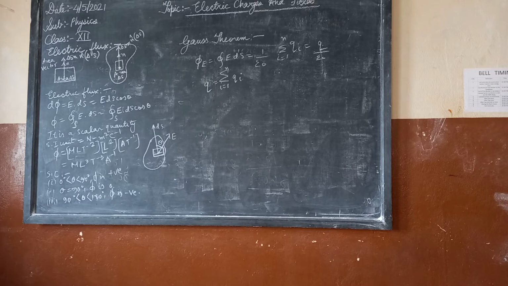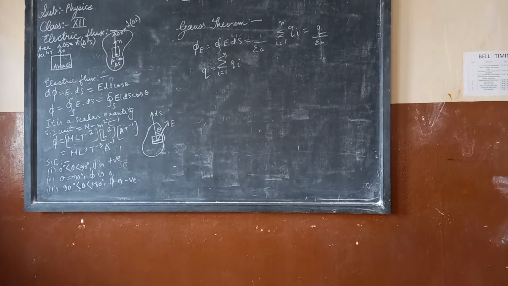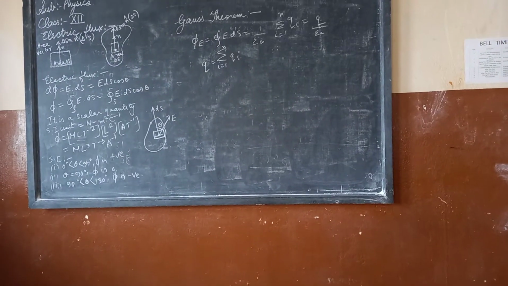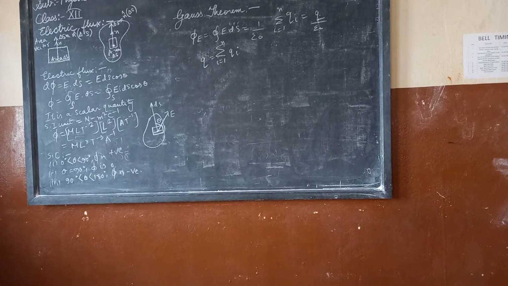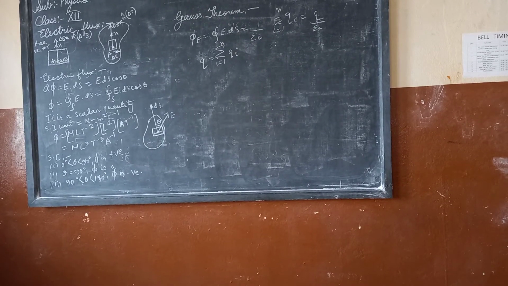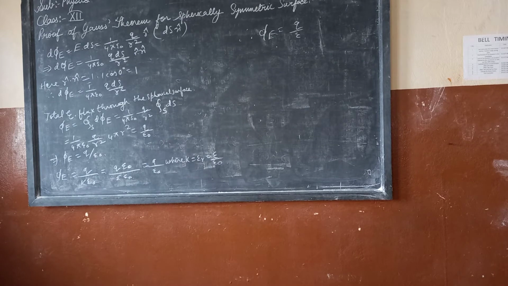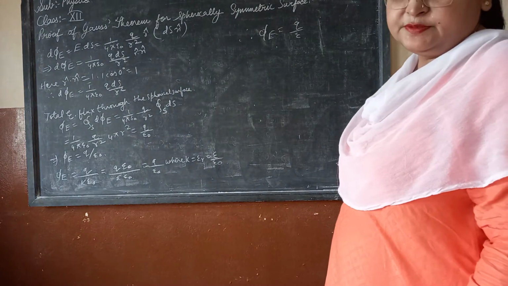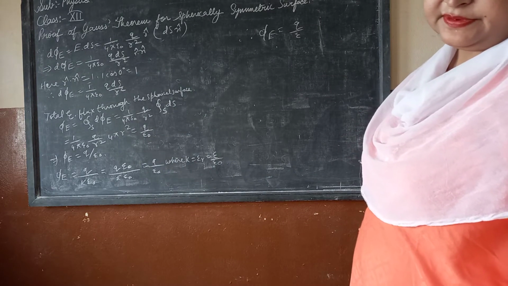Now we will move on to the proof of Gauss theorem for a spherically symmetrical surface. So we are going to prove this particular thing, and slowly we will move on. So let's see, students, here in this proof of Gauss theorem for a spherically symmetrical surface.